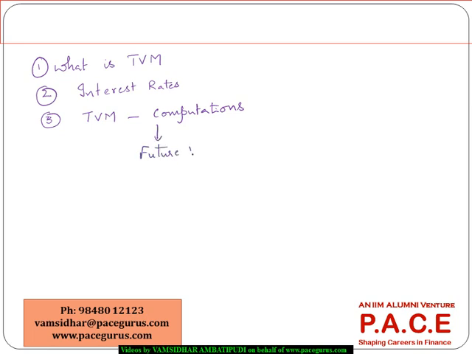We'll talk about determination of present values of different kinds of cash flows, and we'll also talk about annuities. So how all these things can be calculated using our time value of money related concepts. Let's get started with that as a broad starting point.